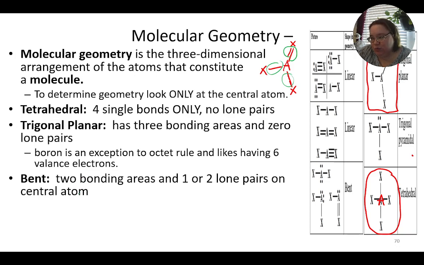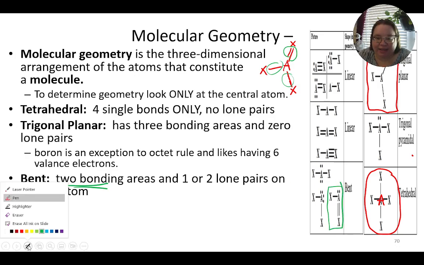Our next one is bent, and depending on how you actually draw it on your page, you may not visually see that bent. But bent has 2 bonding domains, 2 bonding areas, and either 1 or 2 lone pairs. So there's actually 2 different versions of the bent. One version of the bent has a double bond with 2 lone pairs, and the other has a double bond with 1 lone pair.